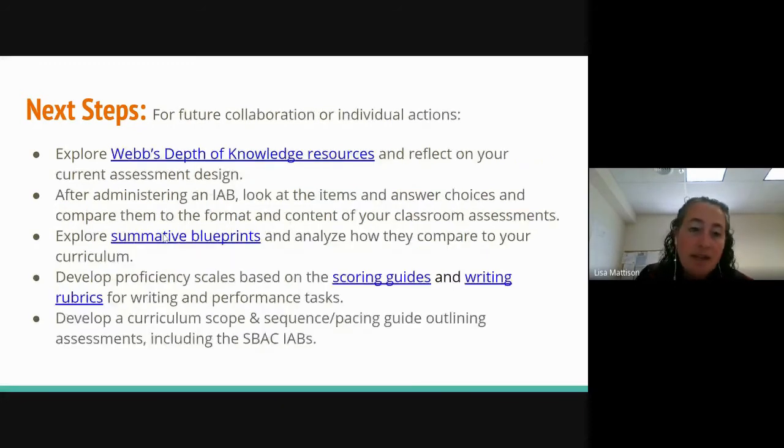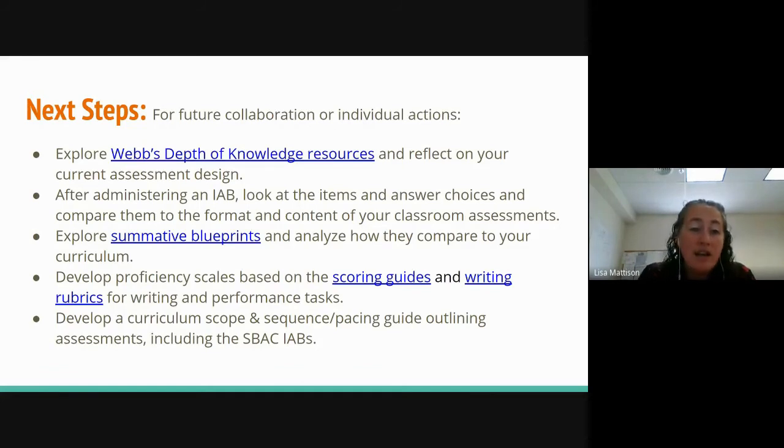And there's a second slide of that too. With, again, a lot of links, exploring Webb's depth of knowledge resources to look at your current assessment design and what level of knowledge you're asking students to apply in each of your assessments.